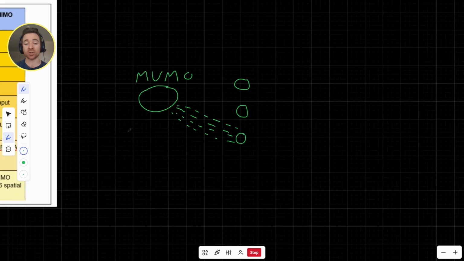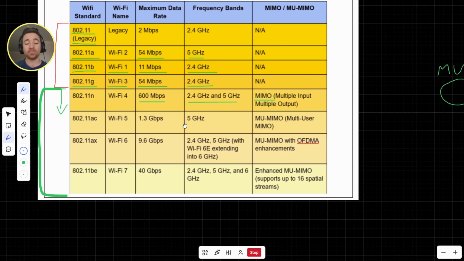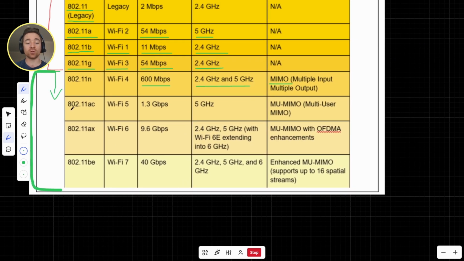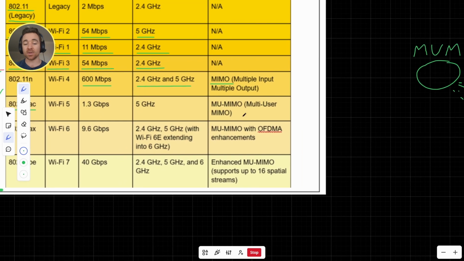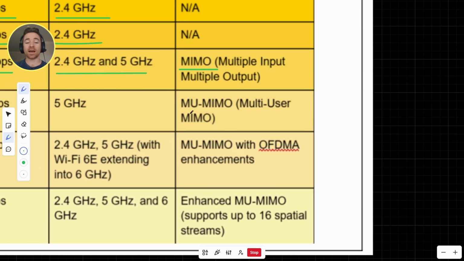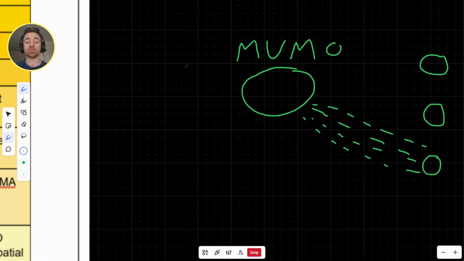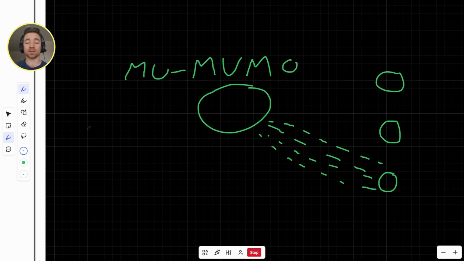So that person could communicate across multiple streams to that router or access point, making that data transfer way more effective and efficient. And then once 802.11ac came into the equation, we have multiple user, multiple in, multiple out. So we added multiple user. Have a guess at what that means. Oops, why did I say MUMO? That should be MIMO. Sorry, guys.